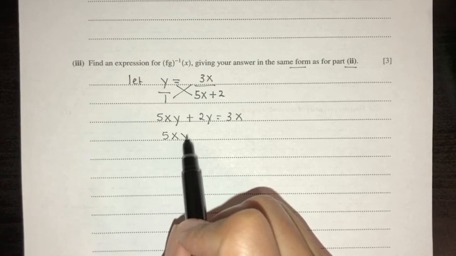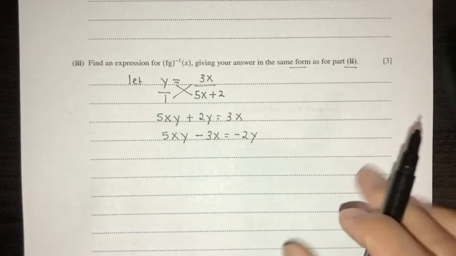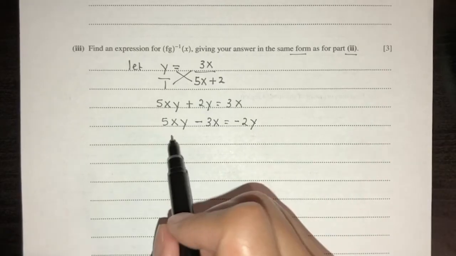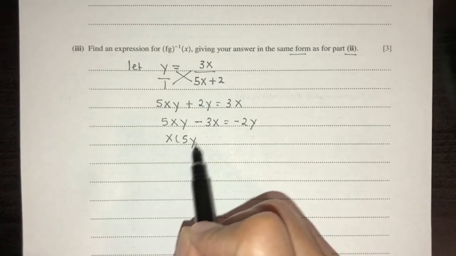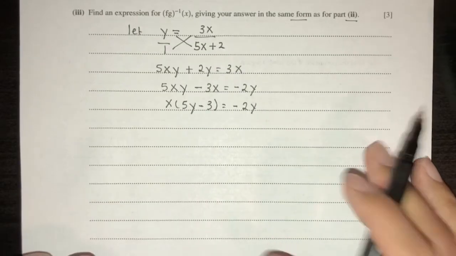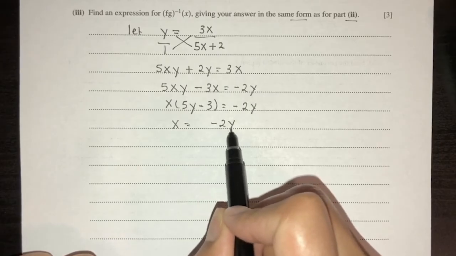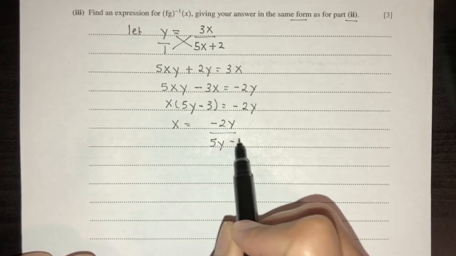So you have 3x minus xy equal to 2y. Now let's factorize. x outside, you will have 5y minus 3 equal to minus 2y, and then you will have x is equal to minus 2y over 5y minus 3.